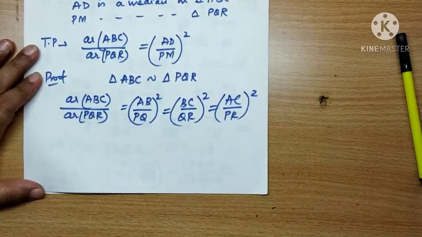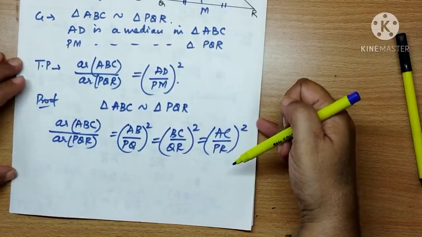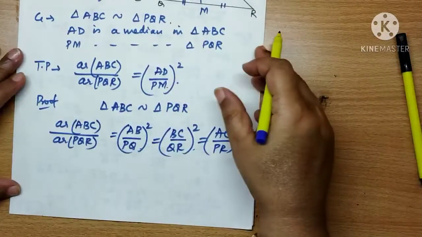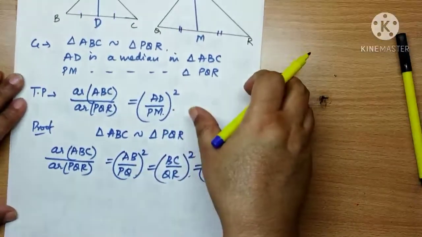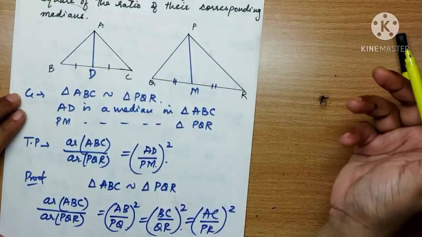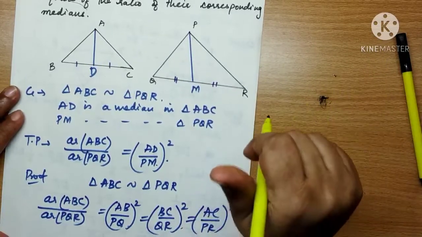But what do we need to do? I need to prove it equal to AD by PM, ratio of their medians. That means the ratio of one of the sides I need to prove equal to the ratio of the medians. Now obviously proportionality of sides comes through similarity of triangles. So I need to prove two triangles similar.